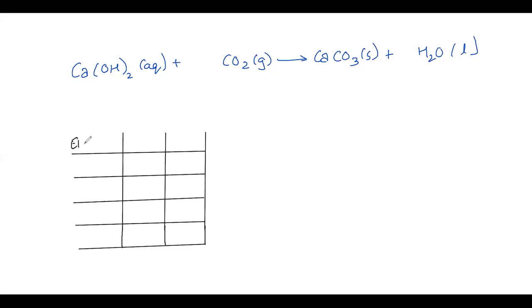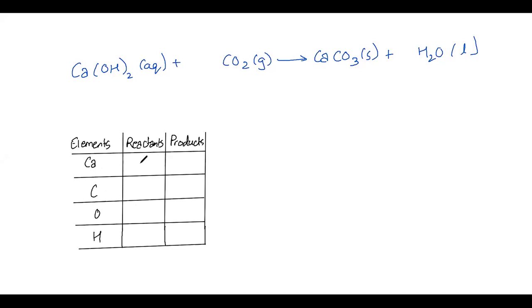Here we'll write our elements. I'll take up your doubts one by one, okay? So don't worry, all your doubts will be cleared. We have the reactants, we have the products. Okay, so we have the element calcium, and then we have carbon, oxygen, and hydrogen.